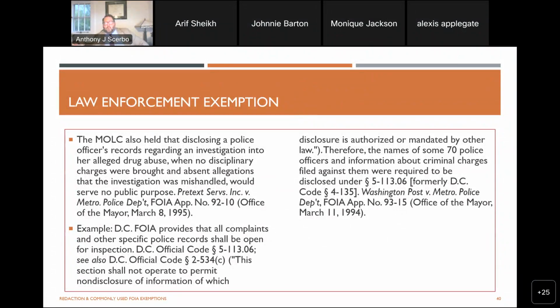So in this case, there were some 70 police officers, and there was information about criminal charges filed against them, and that was in fact required to be disclosed under 5-113.06, which again, formerly in the code was 4-135. And this relates back to the scandal some 30 years ago of members of the police department and criminal charges that have been filed against them.